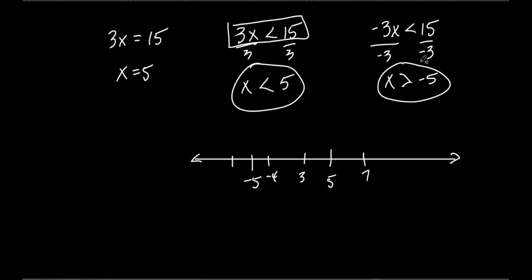A negative number. You can multiply and divide by a positive number, like we did right here, and it doesn't change anything. We kept the inequality the same. But when you multiply or divide by a negative number, that's when you have to change the inequality.